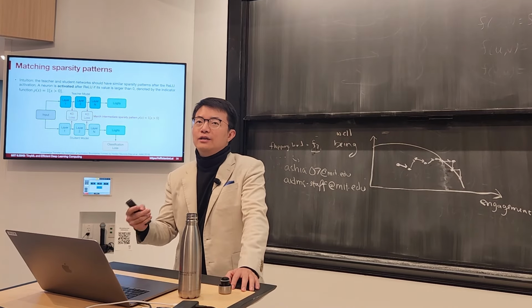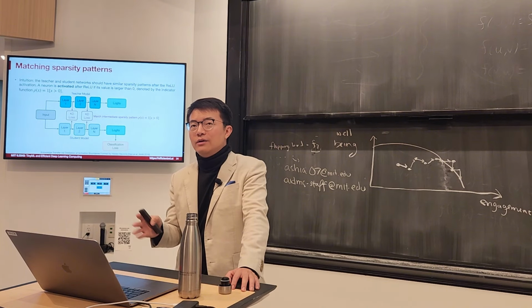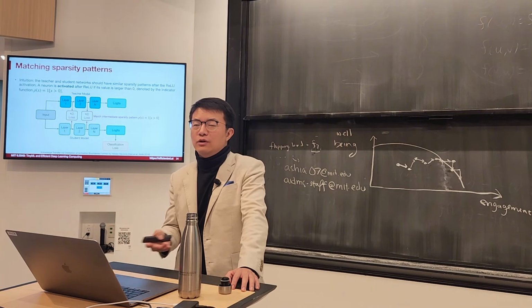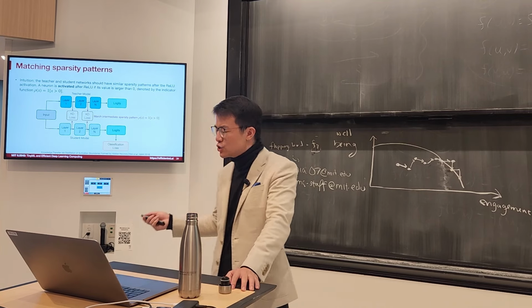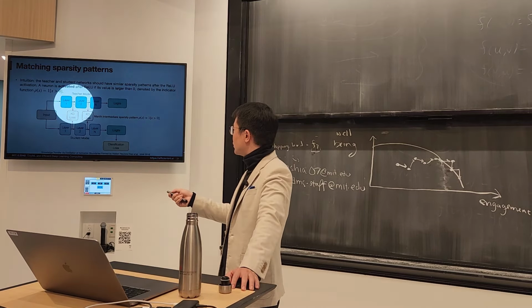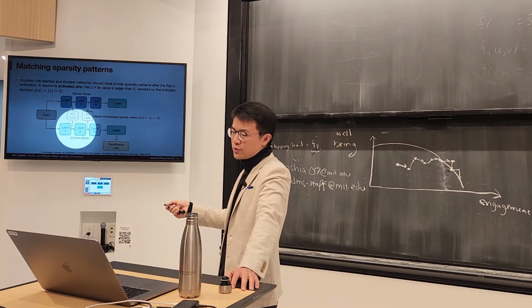A neuron is activated if it is larger than 0. If it is smaller than 0, it becomes 0. So at every feature map, we try to match the teacher's sparsity pattern versus the student's sparsity pattern.